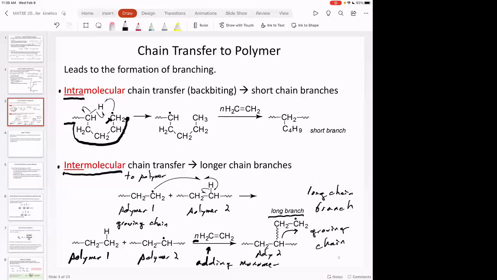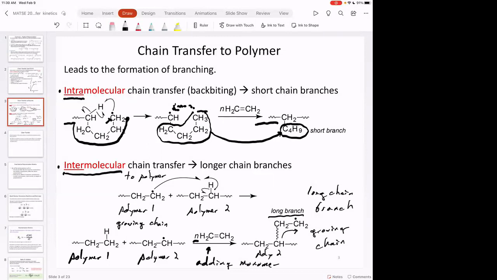And what happens is that the growing chain end radical is just transferred a few carbons back. We just put the radical right back there. And then when we add monomer to that radical, we have the original polymer that was there. We have this short branch, which is this right here. So this C4H9 is the short branch that we just bit off.